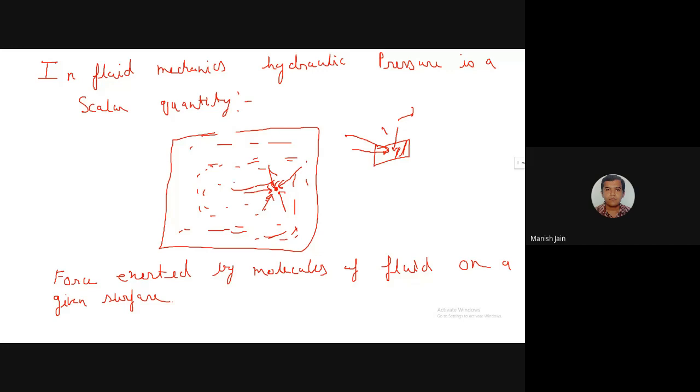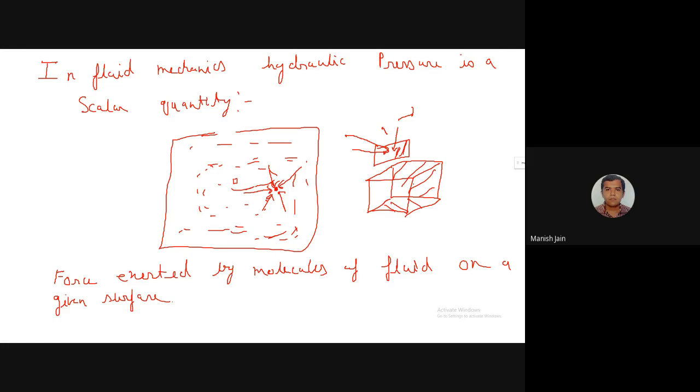Suppose you have a microscopic cube inside a fluid. This is a cubical structure. You have 6 different surfaces in the cube, 1, 2, 3, 4, 5, 6, which are present in 3 different directions.